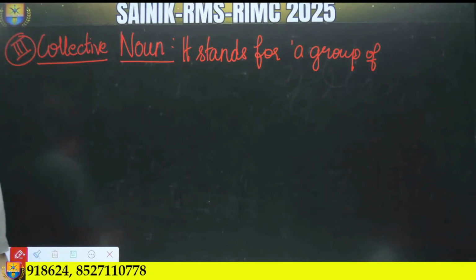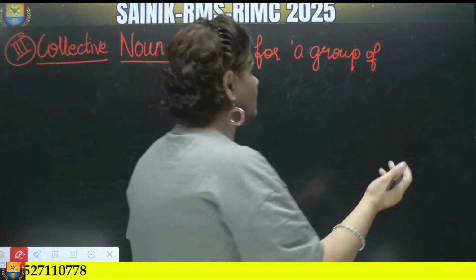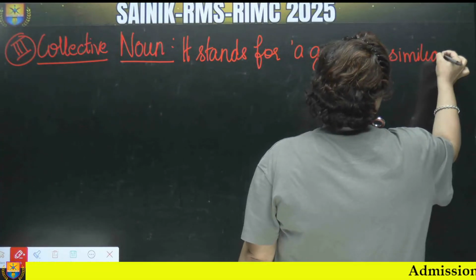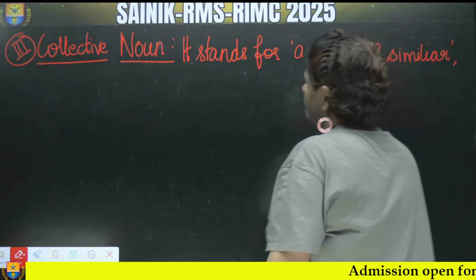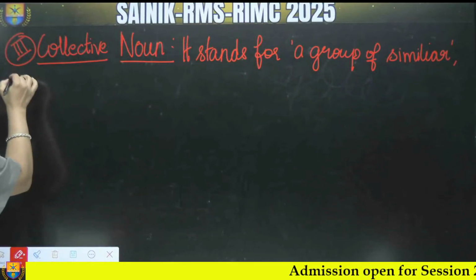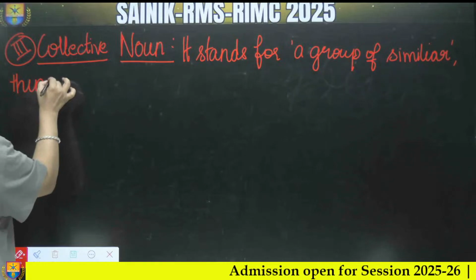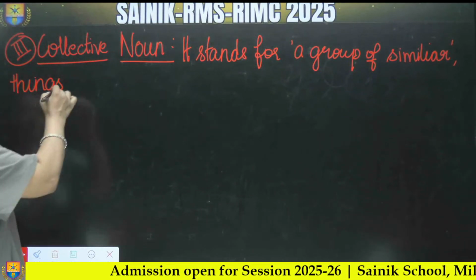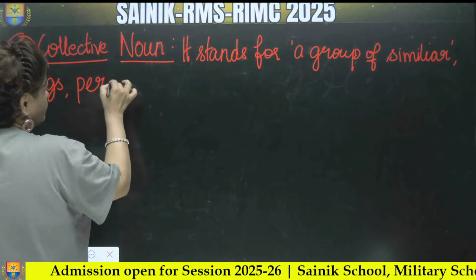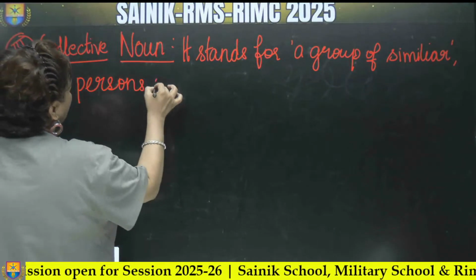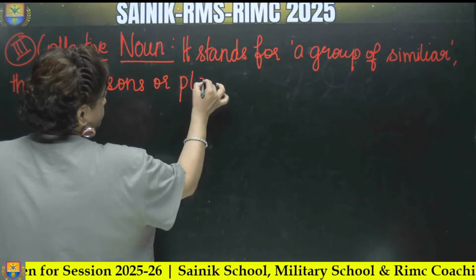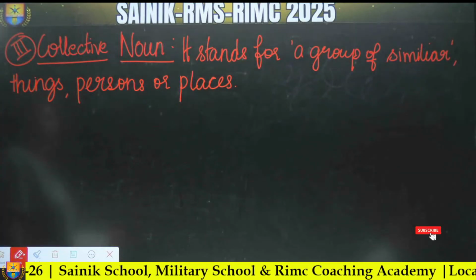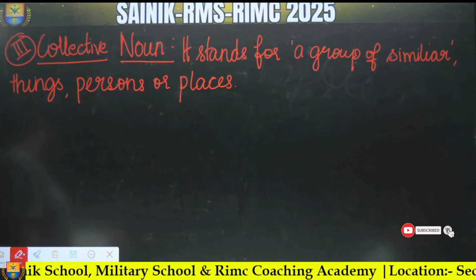Collective means being together. Group of similar, they should be same. Group of similar things. They can be group of things. They can be group of persons or places. It stands for a group of similar things, persons and places.